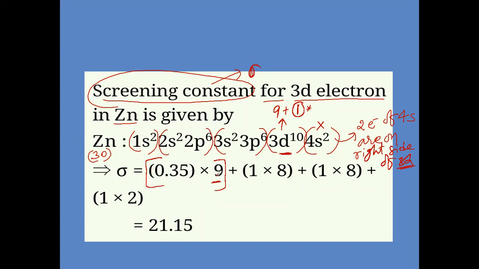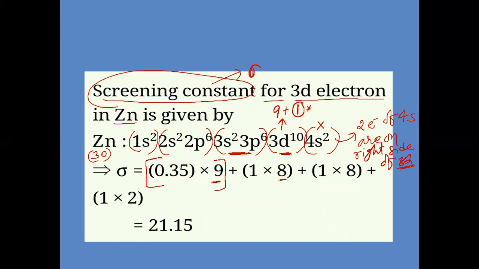So 9 electrons of 3D into 0.35, the contribution of each electron being 0.35. Next, other than 3D, now 3s and 3p, how many electrons are available? 2 plus 6, 8 electrons from 3s2 and 3p.